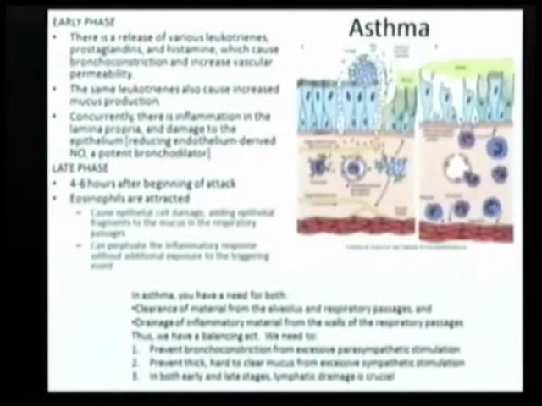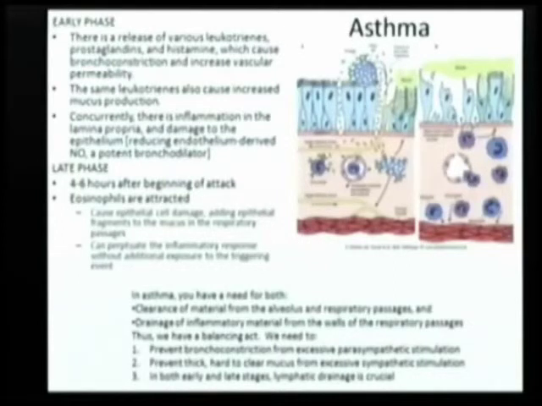Okay, now for asthma, we'll put all these things together. We will need to do all of them, and let's go over the slide. So under early phase, there's a release of leukotrienes, prostaglandins, causes bronchoconstriction, okay? And so this is where you have the parasympathetics overdominant. The parasympathetic overdominance is very similar to what happens here.